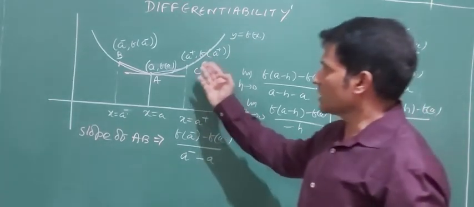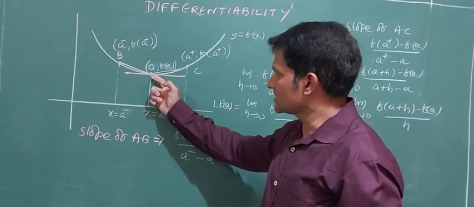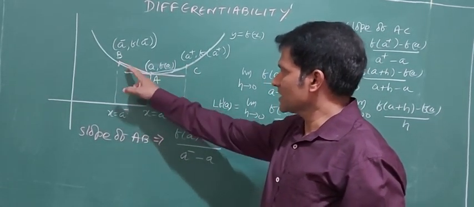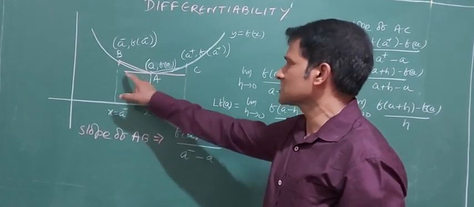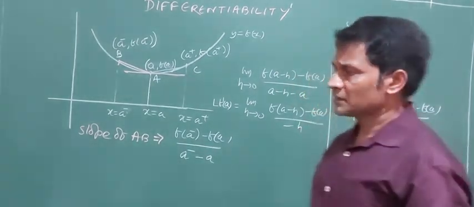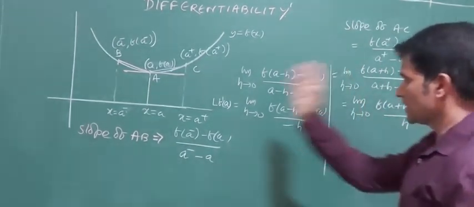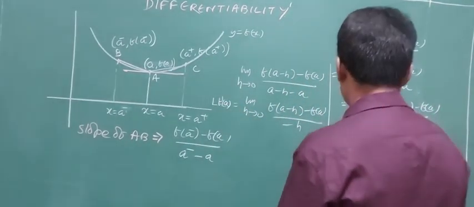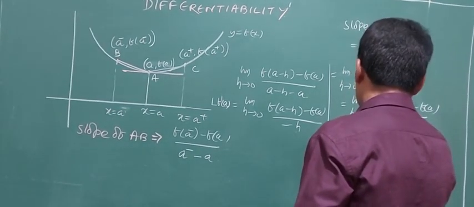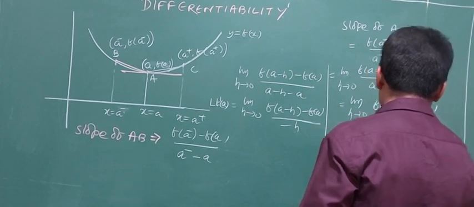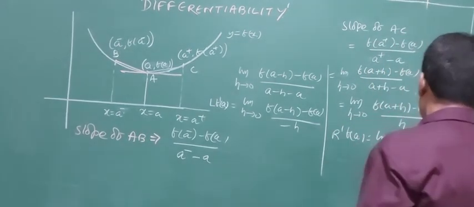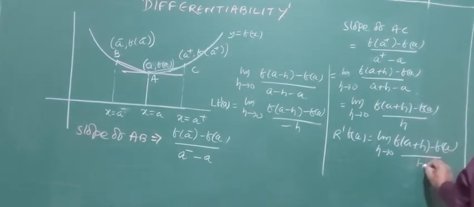When C approaches A, that becomes the tangent at the point A, and the tangent when B approaches A is the same tangent at the point A. That means left hand derivative is equal to right hand derivative, limit h tends to 0 of f of A plus h minus f of A by h.